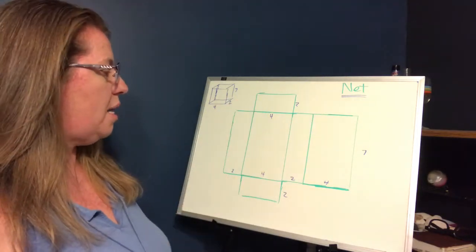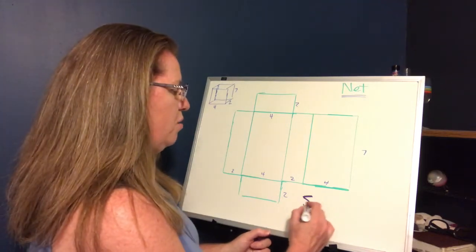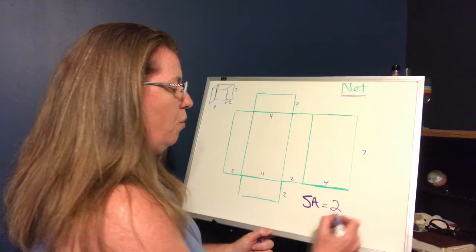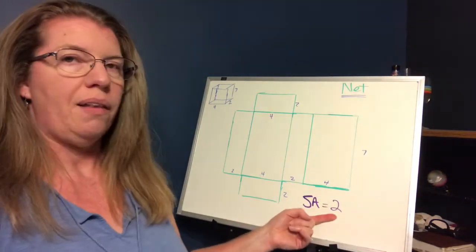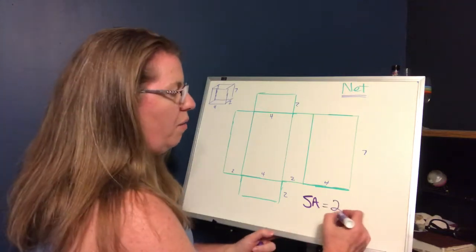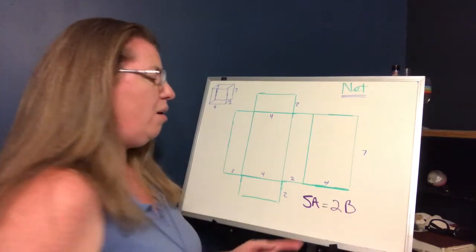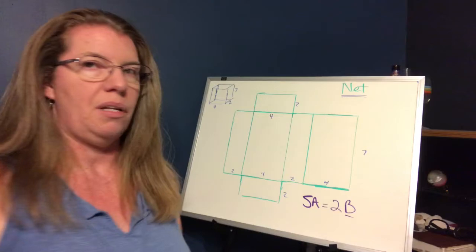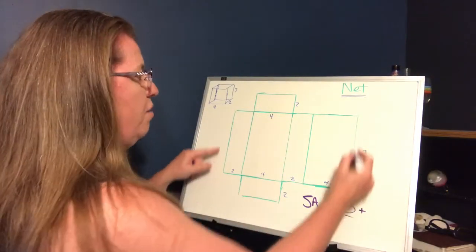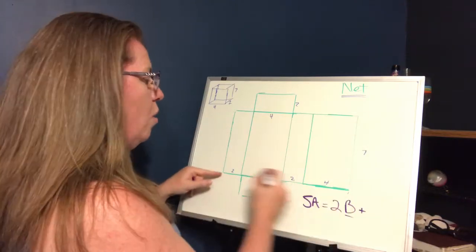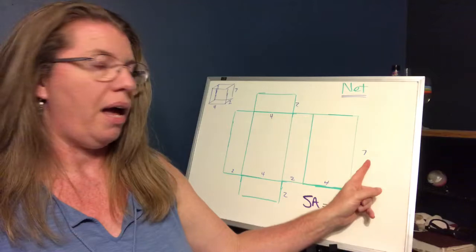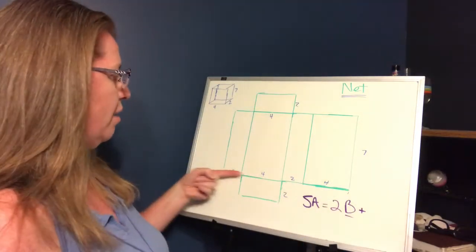So the formula says, alright, my surface area, and they use capital SA for surface area, equals, we have two bases, so if we find the area of one base, we just multiply it times 2. So we got 2 times the area of the base, that's what the capital B stands for, area of the base, and then we're just going to add the area of this rectangle. So we see here that the length here is 7, that's my height, but how do we find this length here?